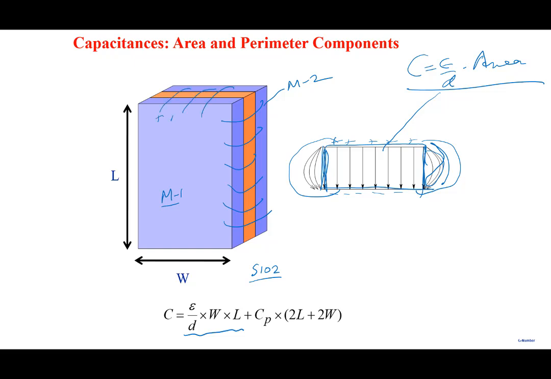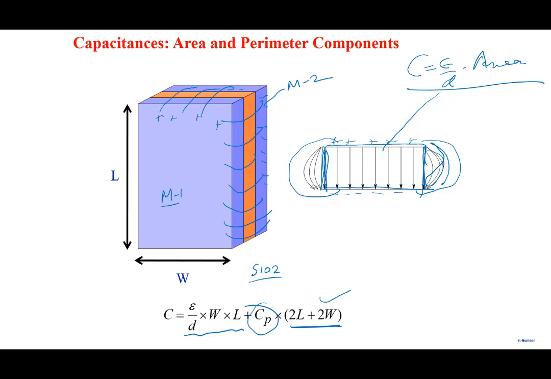Let's say this is the positive plate, and there's a negative charge on the other side, so the fringe capacitance is all along the boundary. So this depends on the perimeter, twice W and twice L, and we call it the perimeter capacitance, whatever that fringe capacitance is.